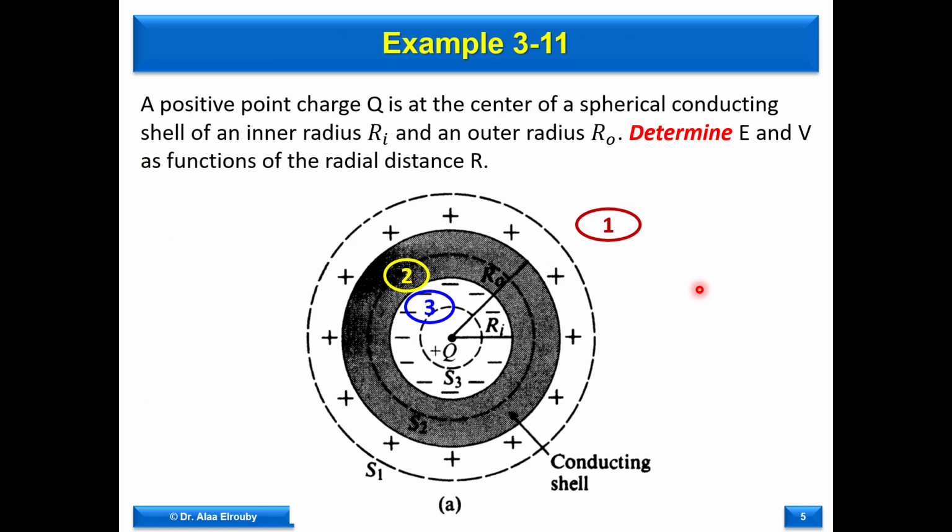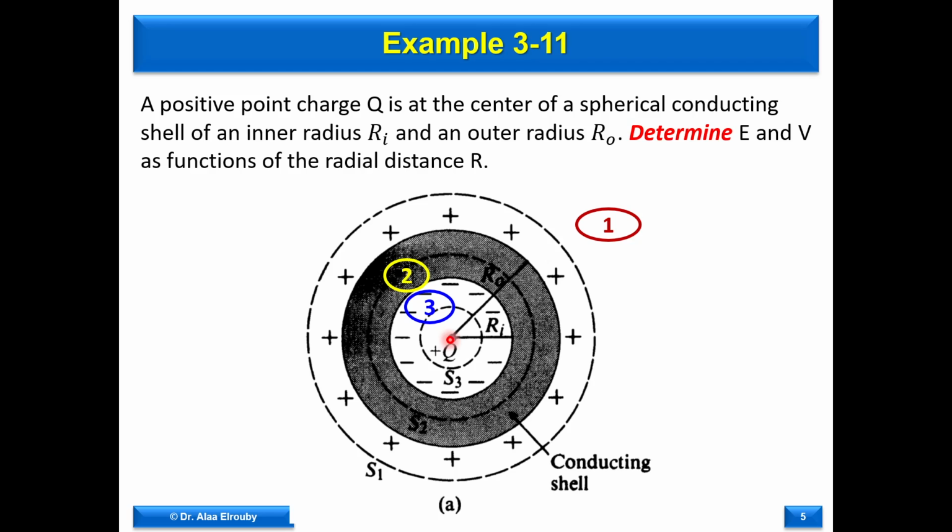Okay, so let us use this information, or let us solve this example. The example is given the following setup. We have a positive charge Q at the center of a spherical conducting shell. So we have a hollow sphere with inner radius R inner and outer radius R out.